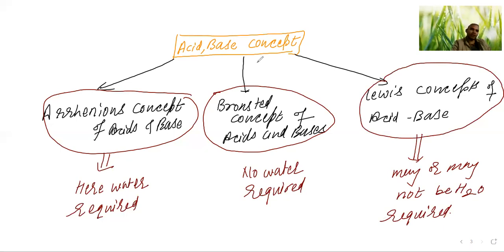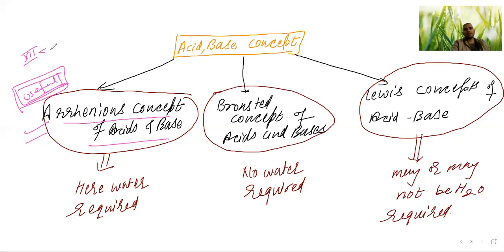First we are going to study the Arrhenius concept of acids and bases. This is very useful when you are studying many things. In the 12th standard this is also going to come, in electrochemistry, and in another chapter, solutions. It comes in many places.